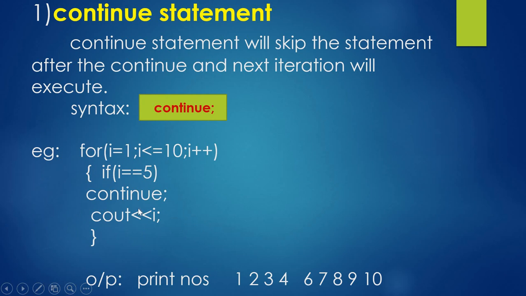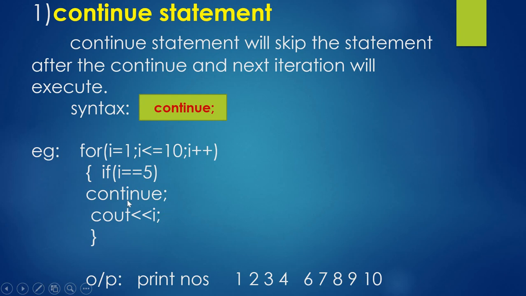That is, that 5 is not printing. It will skip one statement and continue the iteration. Next iteration the value of i will become 6. Then it will print 6, 7, 8, 9, 10.